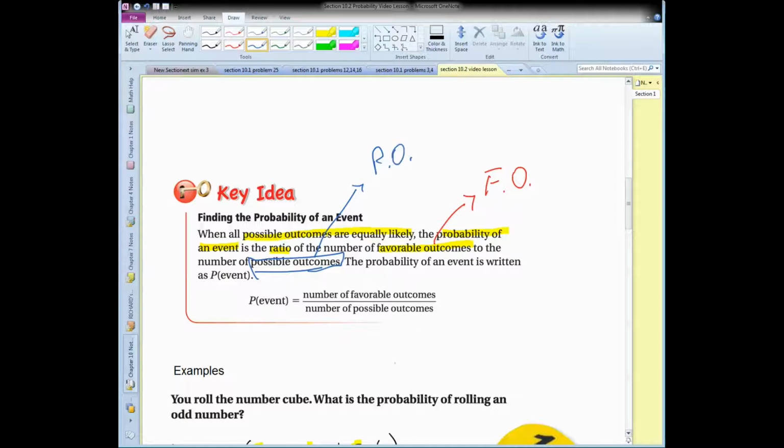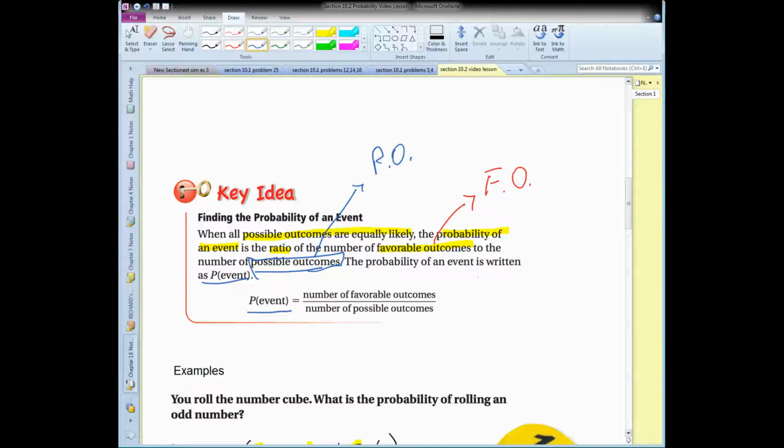So the probability of an event is written this way. Whatever the event is, rolling a dice, landing your snowboard jump, the probability that you're going to eat tacos or have a bag of Cheetos for lunch, you can find these probabilities.